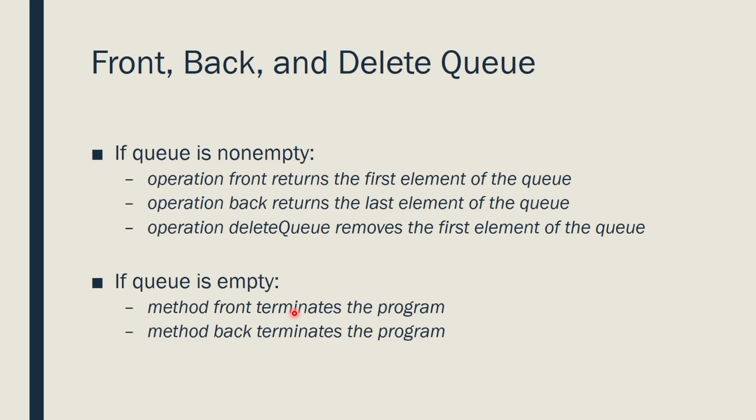The front, back, and delete queue: if the queue is non-empty, then you can return the front and back element, and you can perform the delete queue operation. And if the queue is empty, the method front terminates the program and the method back terminates the program, since the queue is empty.